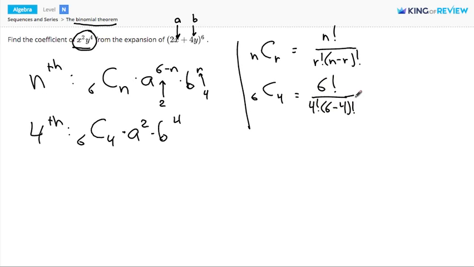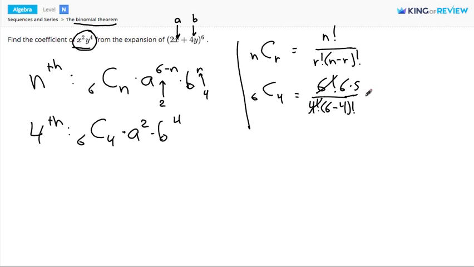And let's see, 6 factorial is 6 times 5 times 4 times 3 times 2 times 1. 4 factorial is 4 times 3 times 2 times 1. These two both have 4 times 3 times 2 times 1 in them. We can cancel those out, and all that we're left with on top is 6 times 5. Everything that comes before 4 times 3 times 2 times 1, which canceled with the denominator.